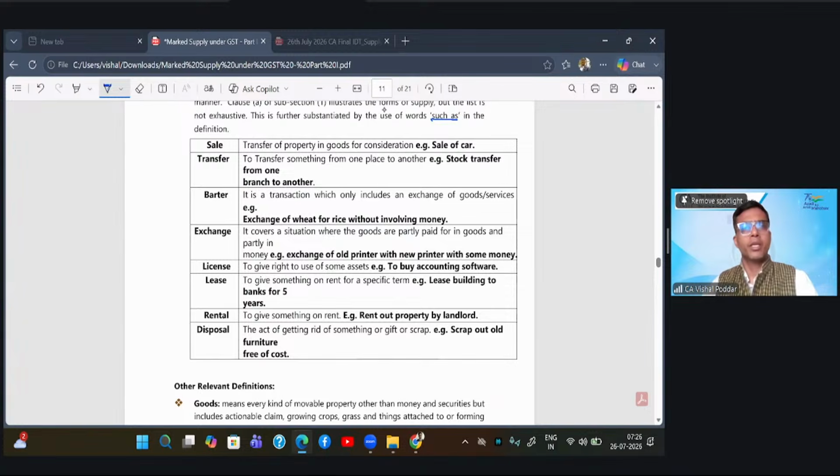Such as means it is just trying to give you an example. When we say for example, instead you can say such as. So it means this is not the exhaustive list. There can be multiple other forms of supply that could also be covered in supply, because anyway supply itself starts with the word includes, and plus this list is preceded by the term such as.